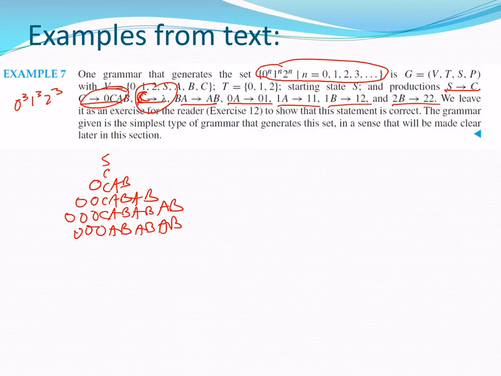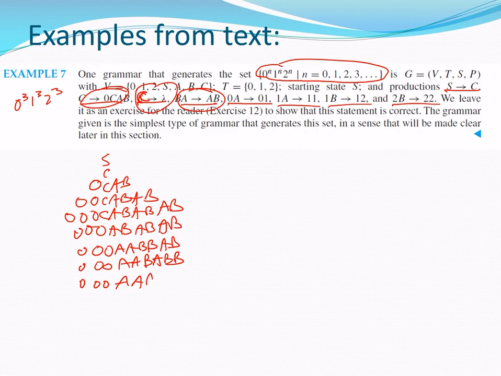Now I can look at other things I can do. I can tackle the BA with this, so I get 000AABBAB. And then I do it again, 000AABABB, and 000AAABBB.